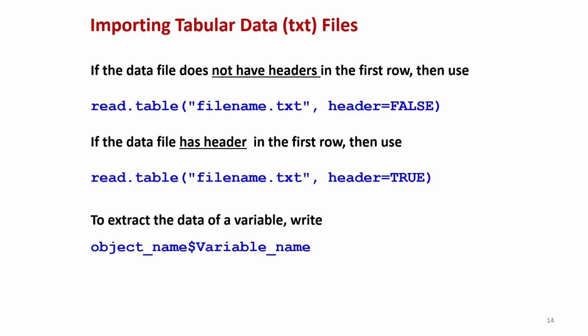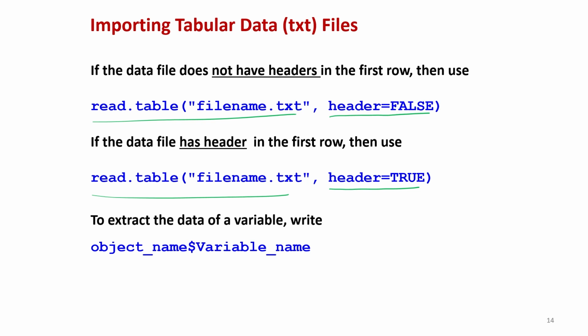For example, in this case also it may happen that the file has a header or does not have a header. As I told you, you have to use the same command here also. If there is no header, then you use header is equal to false, and if there is a header, you use header is equal to true, and the rest of the command, read.table, etc., will remain the same.